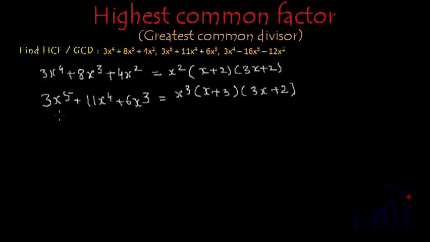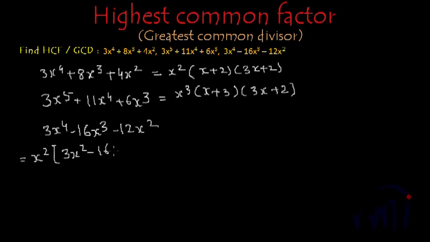So the expression which needs to be factorized is 3x to the power 4 minus 16x cube minus 12x square. Yes, again we can take x square common, and then we will be left with 3x square minus 16x minus 12, right? And now again we will repeat the same procedure.